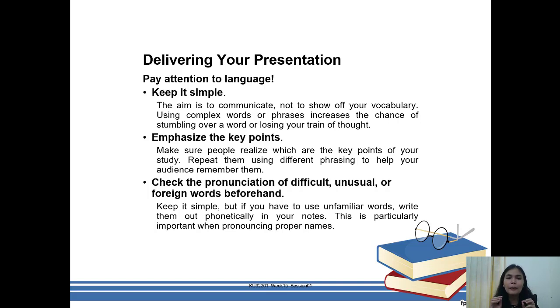Make sure that words that you think are difficult to understand, or unusual, or that are actually key points, are pronounced correctly. Because if you don't pronounce the keyword correctly, then people will get lost in what you are saying. So make sure that any unfamiliar words have been identified beforehand, and then you write down how to pronounce these words.